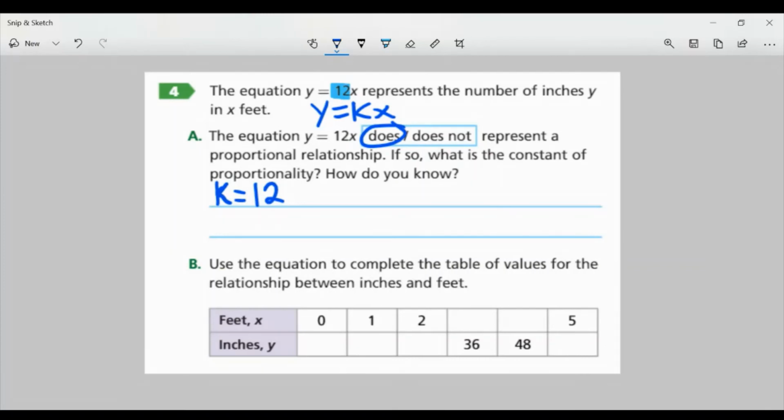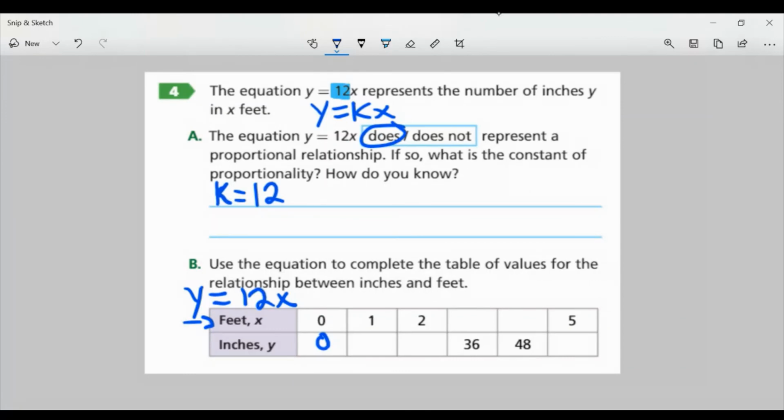Use the equation to complete the table of values for the relationship between inches and feet. So I know for 0 feet, I'm going to have 0 inches, because I'm using this equation, y equals 12x. Every single one of these values for the x, I'm going to plug in.